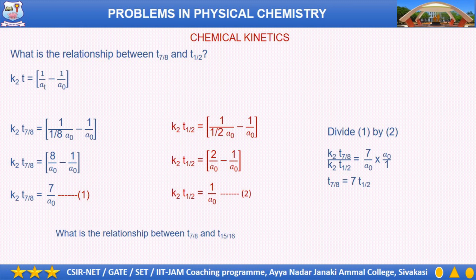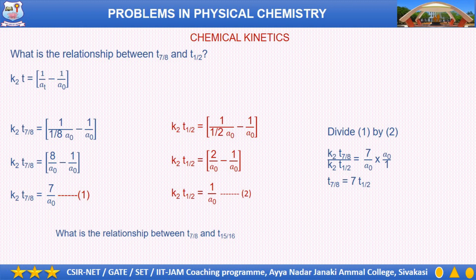Similarly, you can calculate K2 into T half. That is given by the remaining, 1 by half A naught minus 1 by A naught, which can be written as 2 by A naught minus 1 by A naught, equal to 1 by A naught. Now divide this by this, because the relationship between this and this is asked.